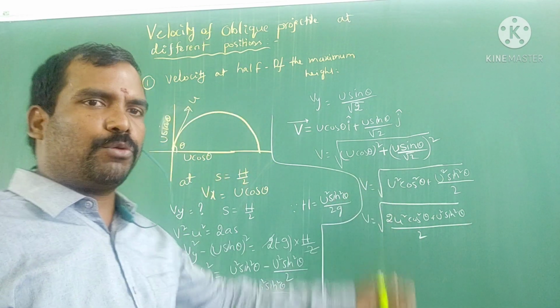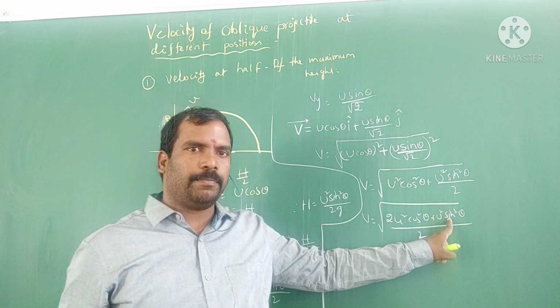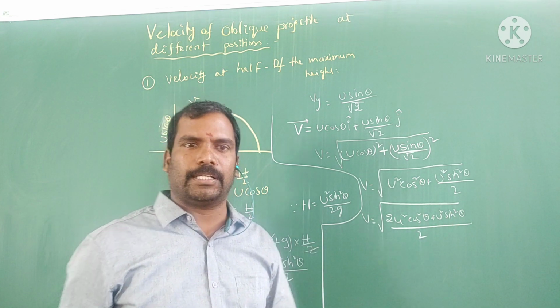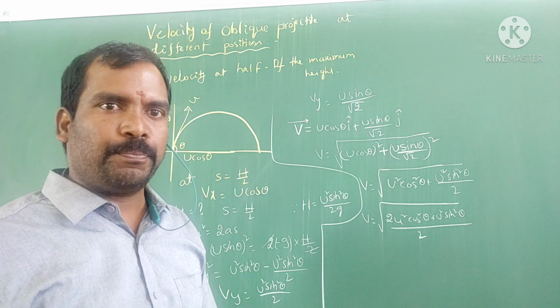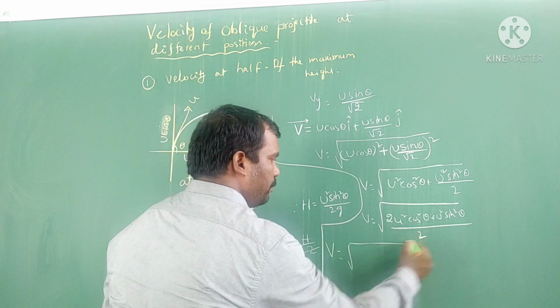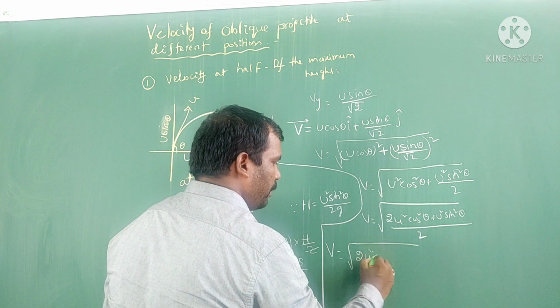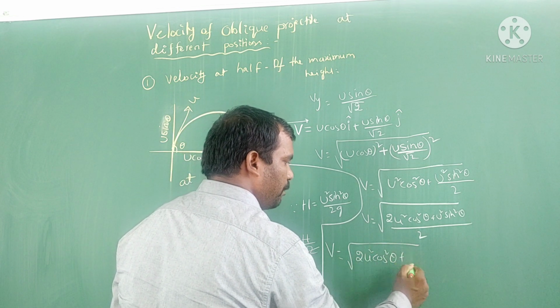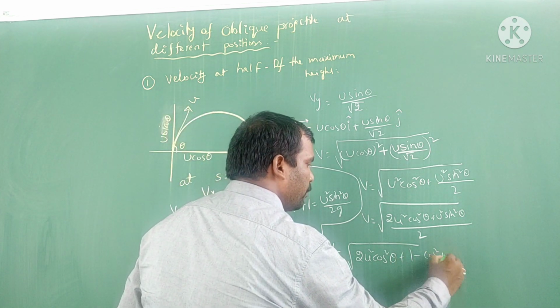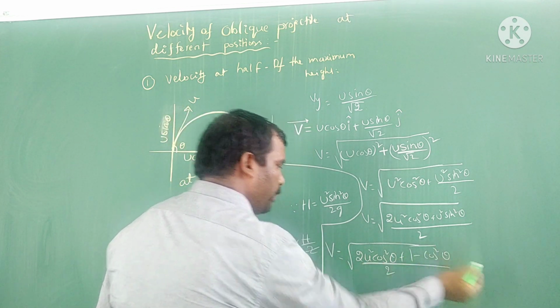From that again, by using the trigonometric identity, in place of sin square theta we can write 1 minus cos square theta, since sin square theta plus cos square theta is 1.